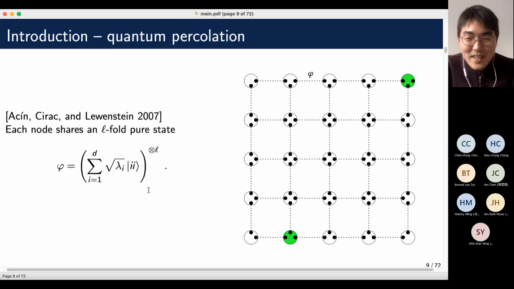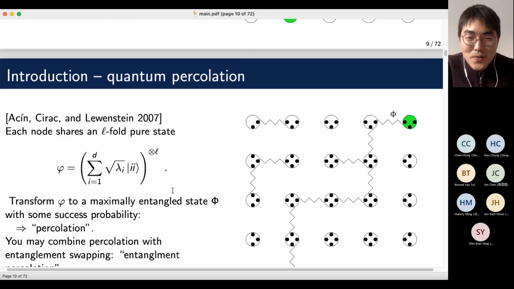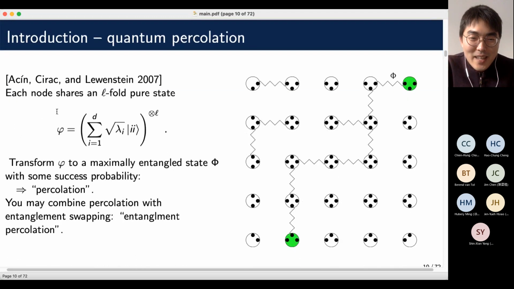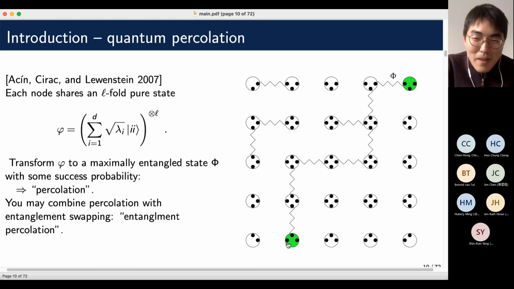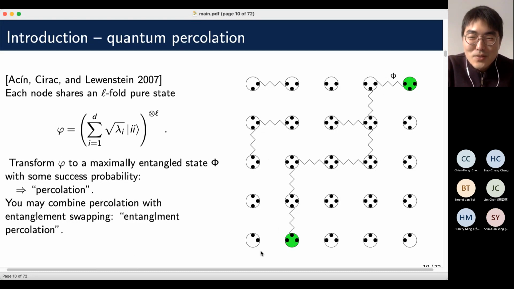And then the trick is they transform this shared phi into a maximally entangled state. And then by percolation theory, there is some path between two nodes with some probability, of course. And then they use these paths to connect two nodes.